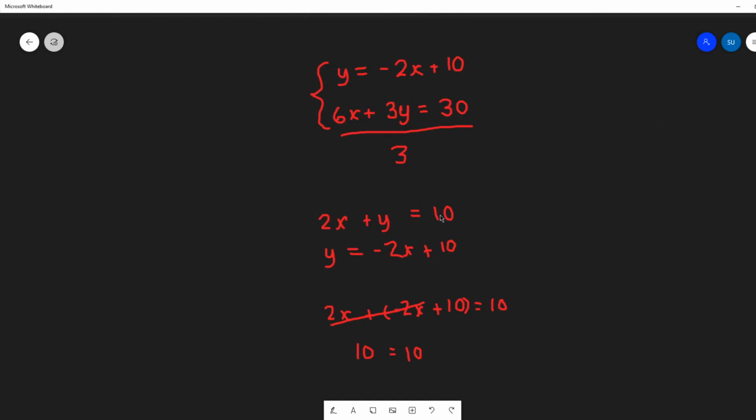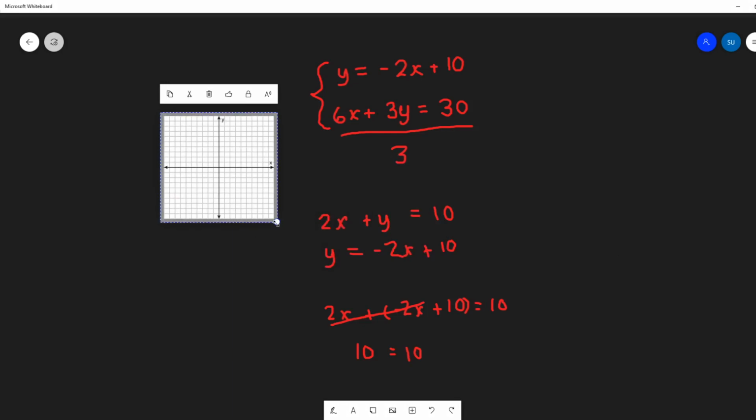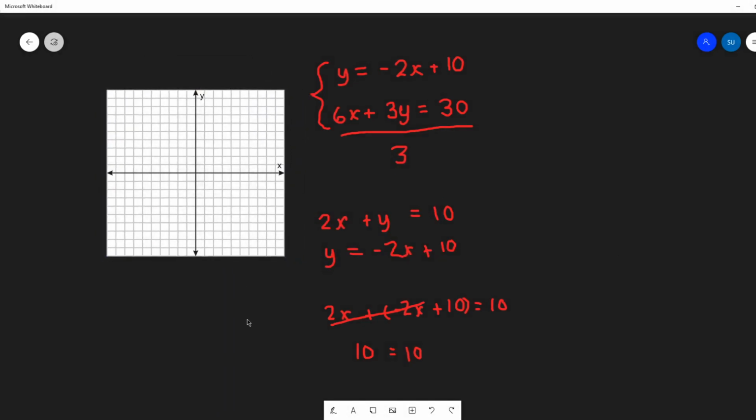Now, the question is, what would this look like on a graph? Good question. So let me get my coordinate plane here. So we can graph both of these lines on the coordinate plane.